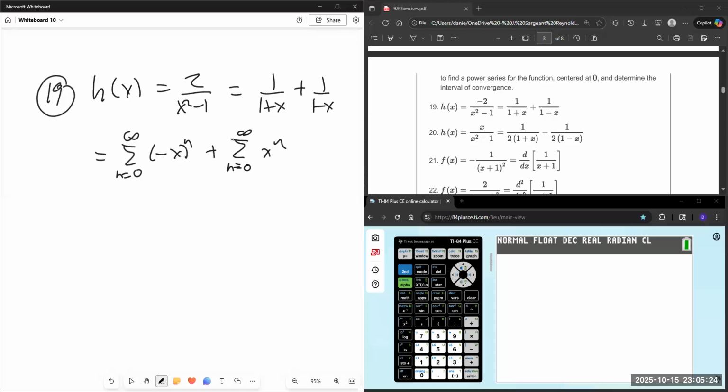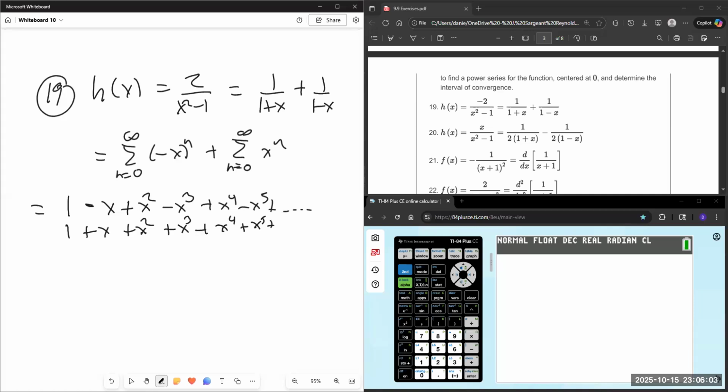So when I put these together, this will be 1 minus x plus x squared minus x cubed plus x to the fourth minus x to the fifth plus so on and so forth. And this one is going to be 1 plus x plus x squared plus x cubed plus x to the fourth plus x to the fifth plus so on.